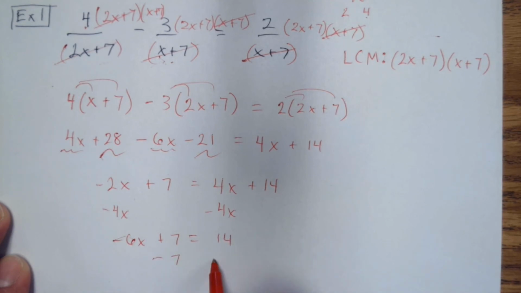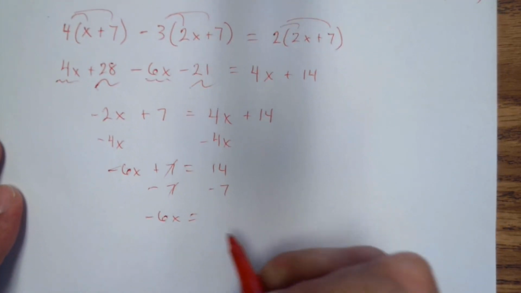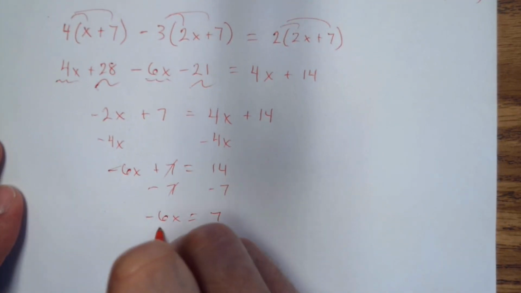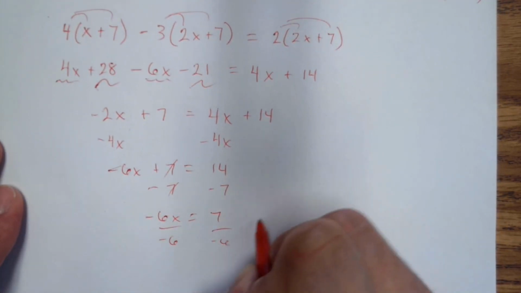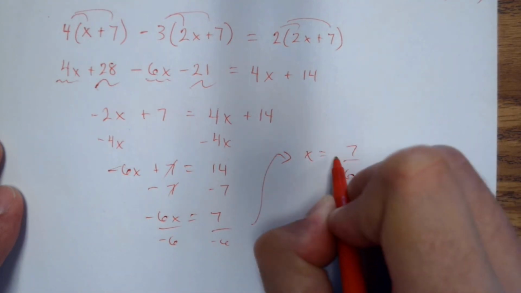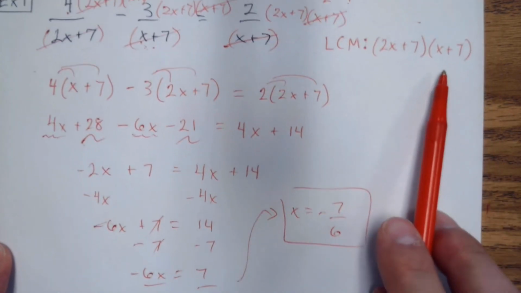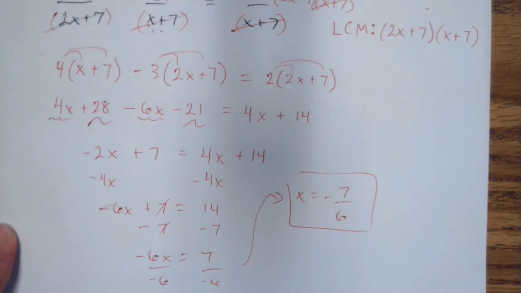This should be simple. Seven. So divide by negative 6. So the only thing that's really different is getting this least common multiple by just collecting all the different pieces and multiplying by all those. That's really it.